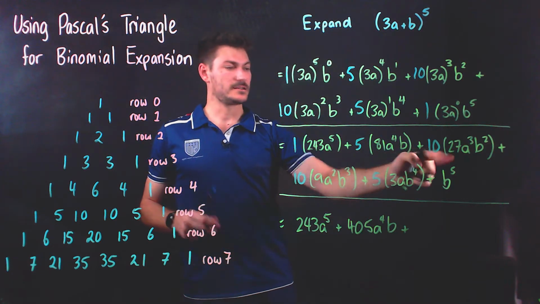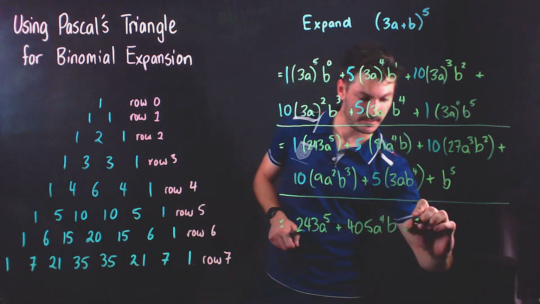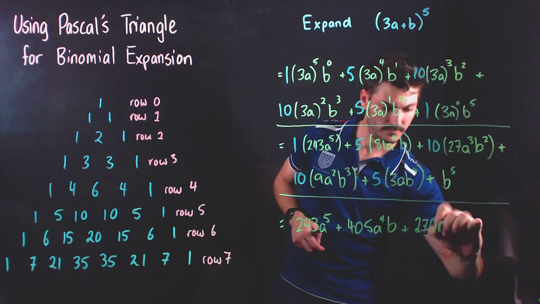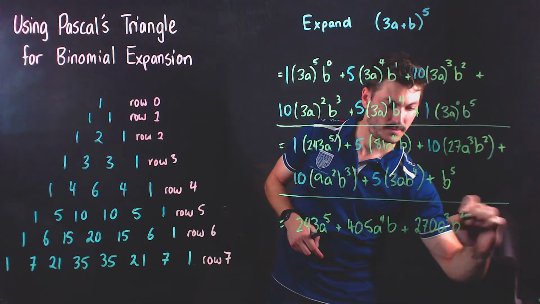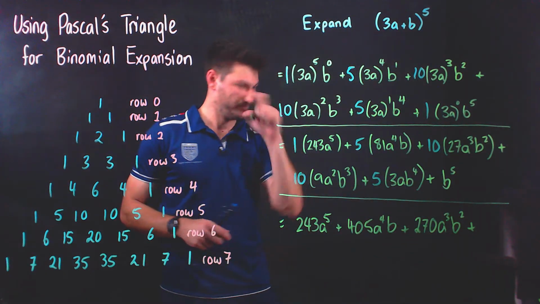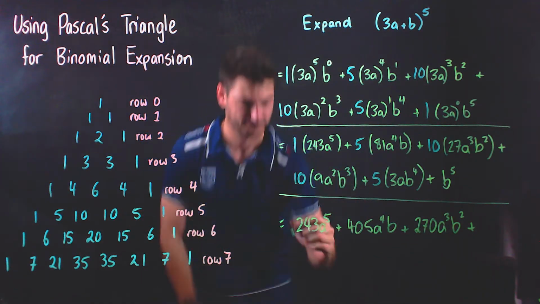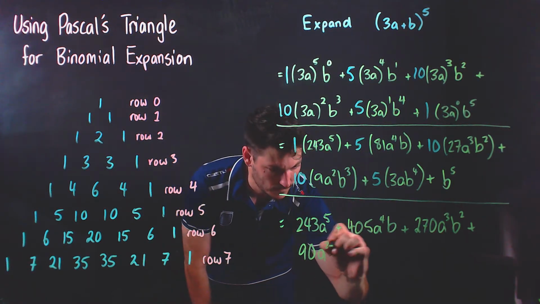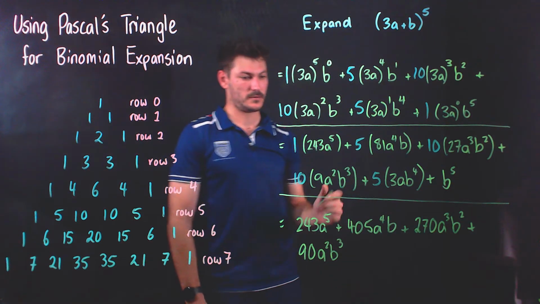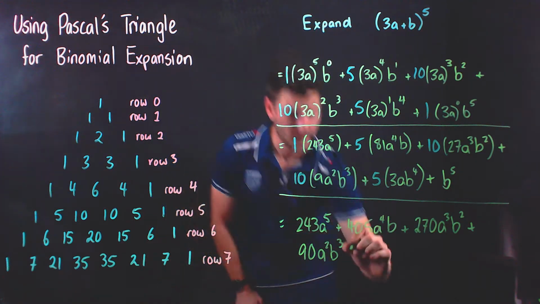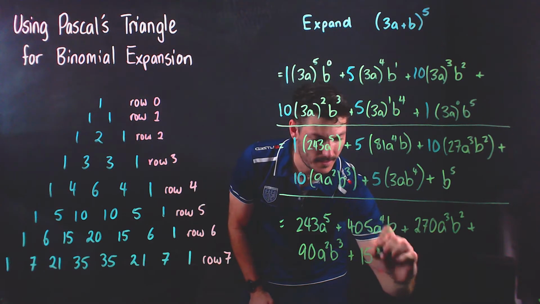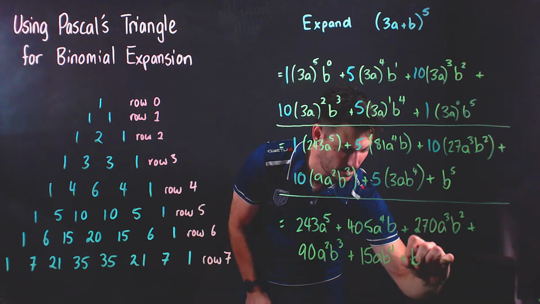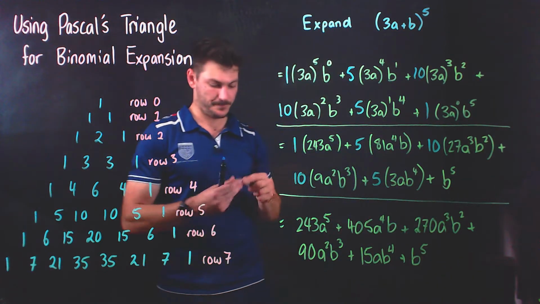Then I've got 10 times 27, add a 0, it's going to be 270 a cubed b squared, plus, and I'm going to go down a line again, 10 times 9 is 90, a squared b cubed, 5 times 3 is 15, so 15 a b to the power of 4, and our last term is just b to the power of 5.